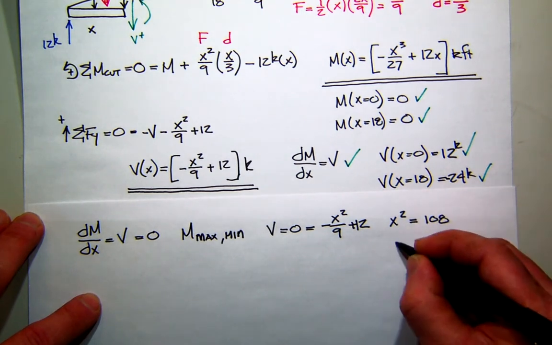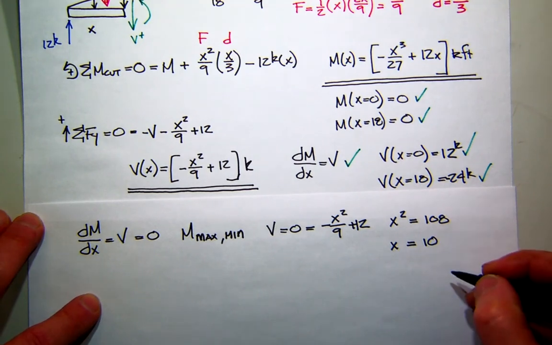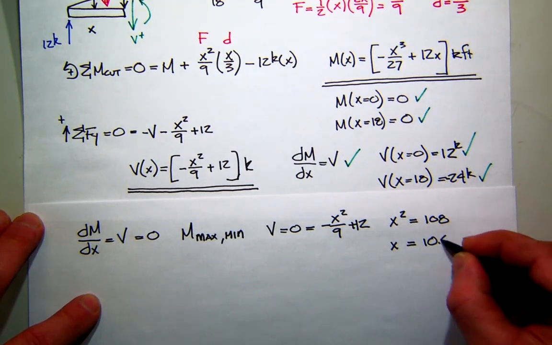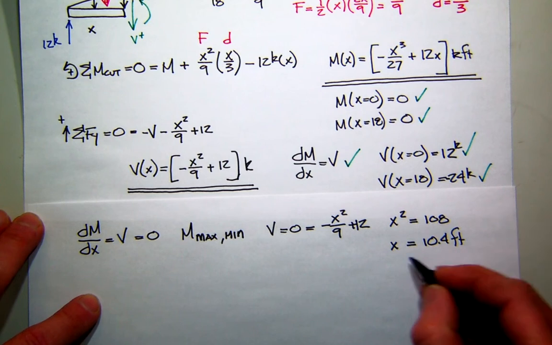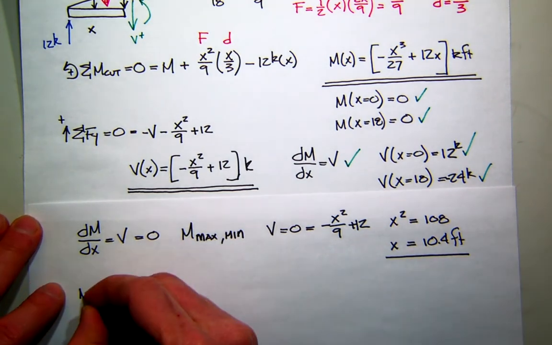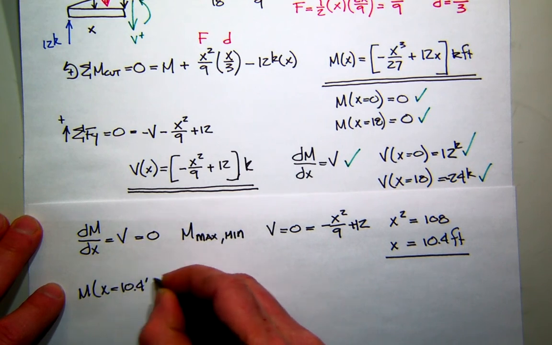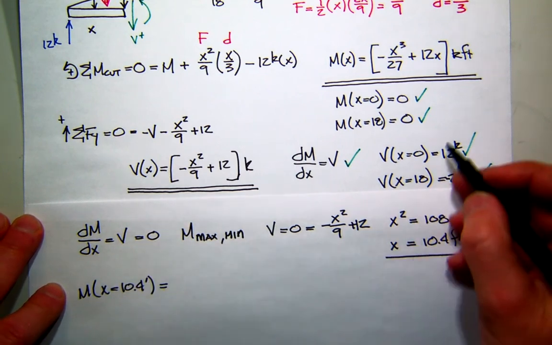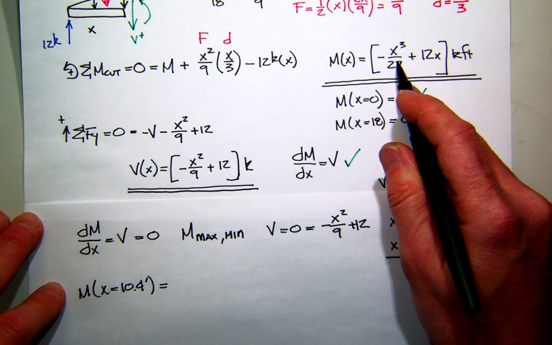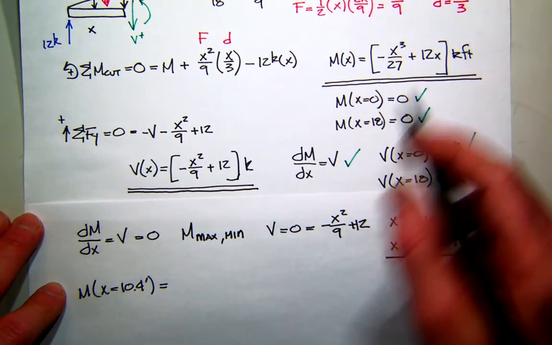Take the square root of 108 and you get 10 point something. 10.4. So that means the maximum moment occurs at 10.4. So you just come back and say, what is the moment when x is equal to 10.4 feet? So come up here and plug in negative 10.4 cubed divided by 27 plus 12 times 10.4.